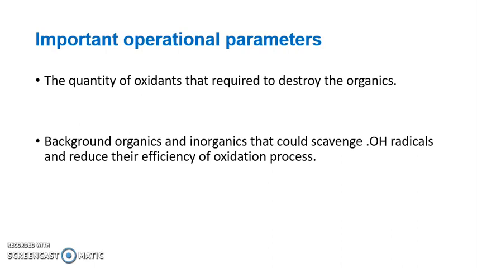Before we go over the hydrogen peroxide, we need to mention that when we are applying the advanced oxidation processes, it's important that we estimate the quantity of oxidants that we require to destroy the organics. So to estimate the amount of oxidant that we require, we need to know what our water quality is.